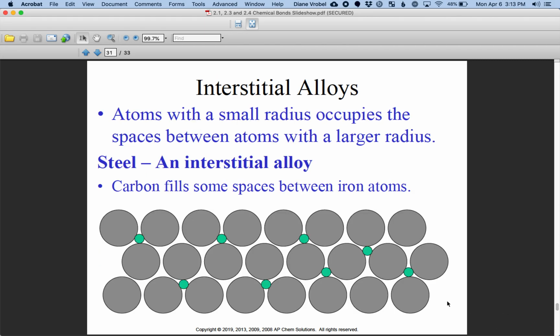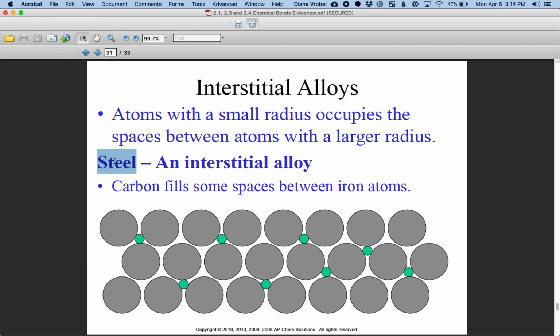So one example of an interesting alloy is interstitial, and that is steel. We as a human population figured out to replace or fill part of iron with carbon, and as a result of it, it became much more rigid and much more resistant to rusting.